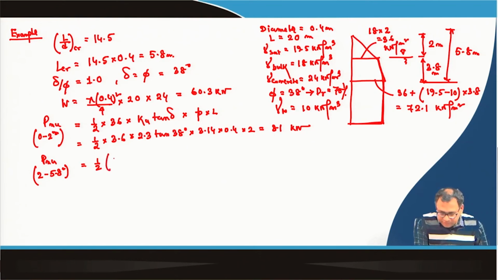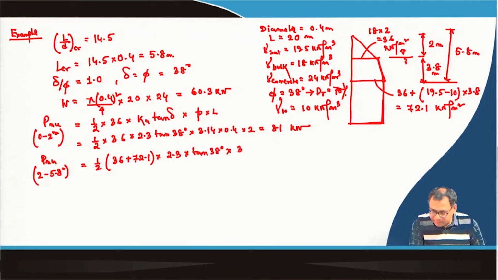So, half of (36 plus 72.1) into 2.3 into tan 38 degree into the perimeter, 3.14 into 0.4, then into 3.8. This will be 464 kilonewton.